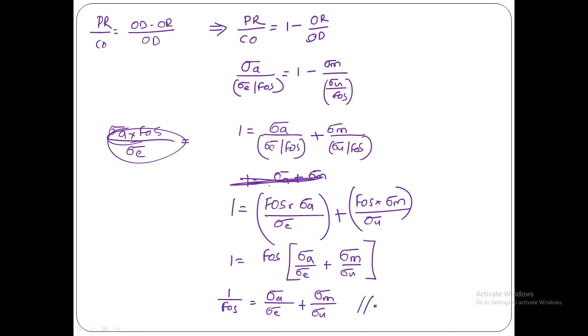So this is the relation you need, by using the Goodman relation. As you have seen, the fatigue stress concentration factor is associated with the variable stress or amplitude stress. So let us substitute the factor which affects the amplitude stress.